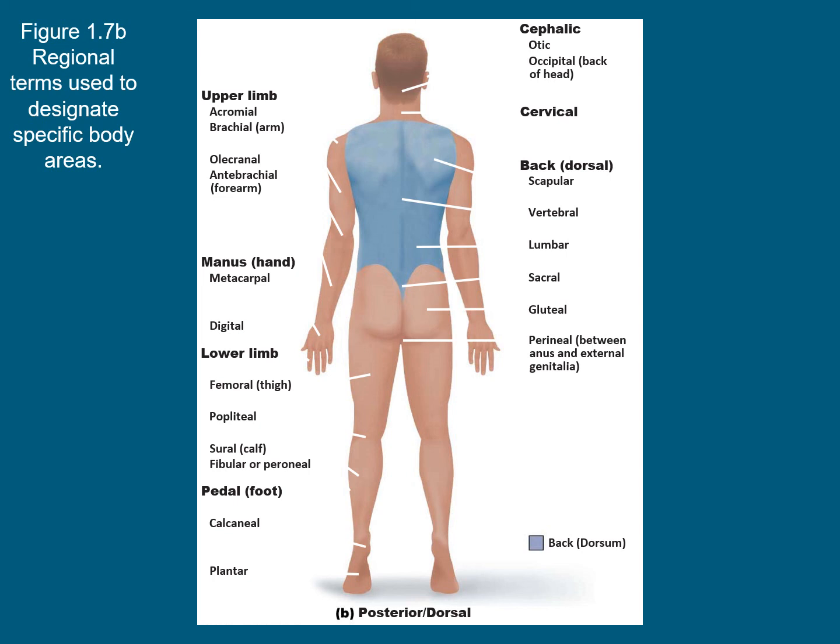You need to become very familiar with them. If you learn it now, it will make it so much easier when later you go to learn muscles, bones, nerves, blood vessels, etc.